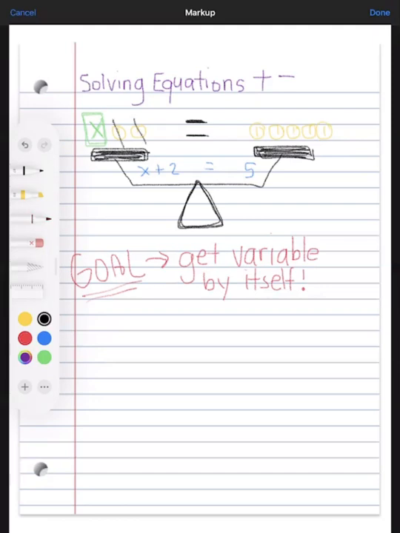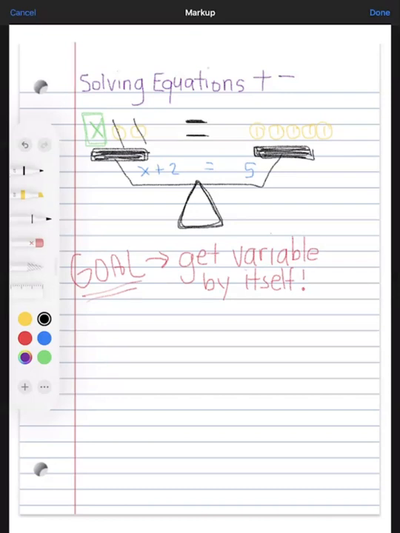But what's going to happen to our balance scale is now it's not going to be in balance anymore. If you took off something on one side, the other side is going to go down, and that side's going to go up because now it's lighter. And so the whole thing with an equation is that your scale always has to be balanced. So if you do something to one side, you have to do the same thing to the other side.